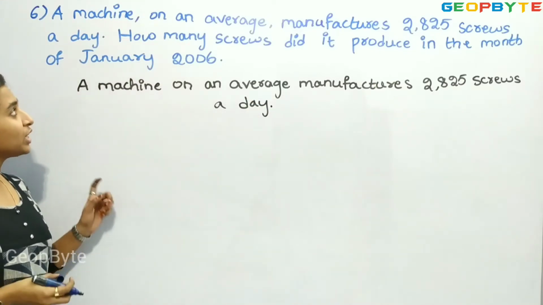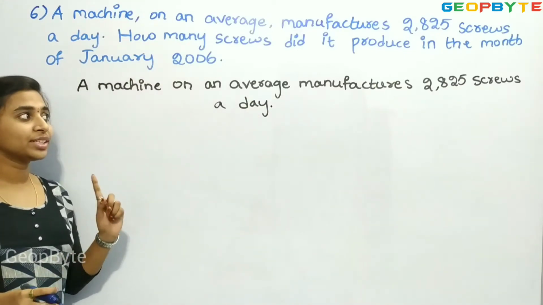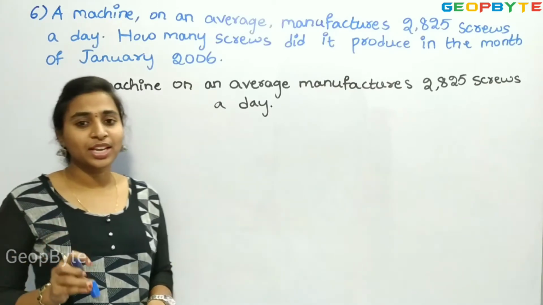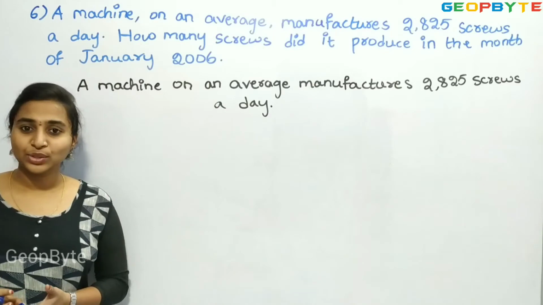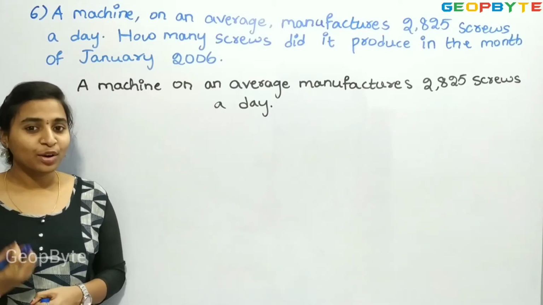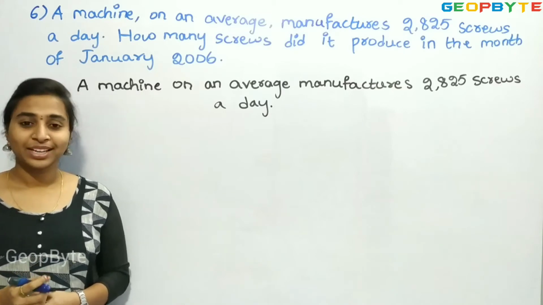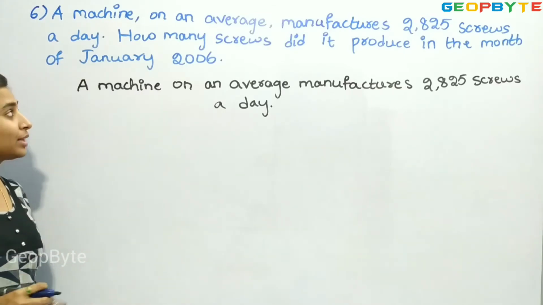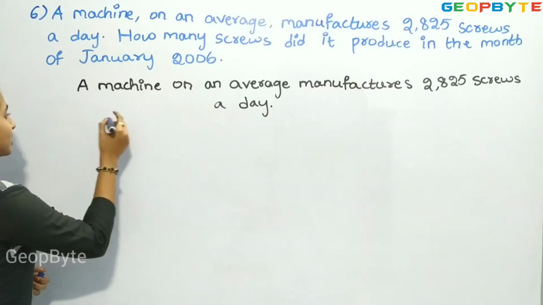We need to find how many screws it produced in the month of January 2006. To find that, we should know how many days we have in the month of January 2006. So we have 31 days in the month of January 2006.